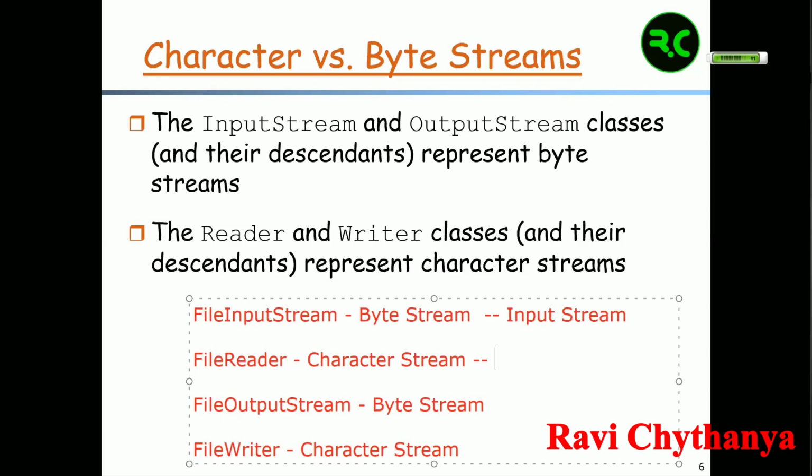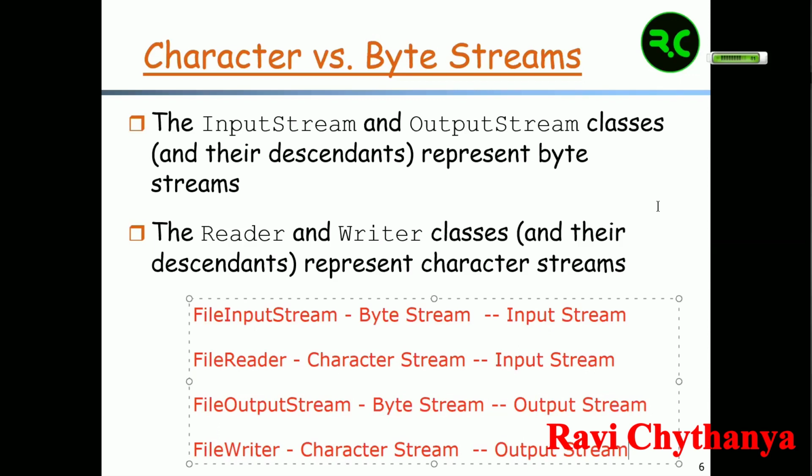This is also an input stream, and this is an output stream, and this is also an output stream, because here I am using input stream and reader. Reading is nothing but taking input, and writing is nothing but giving output.